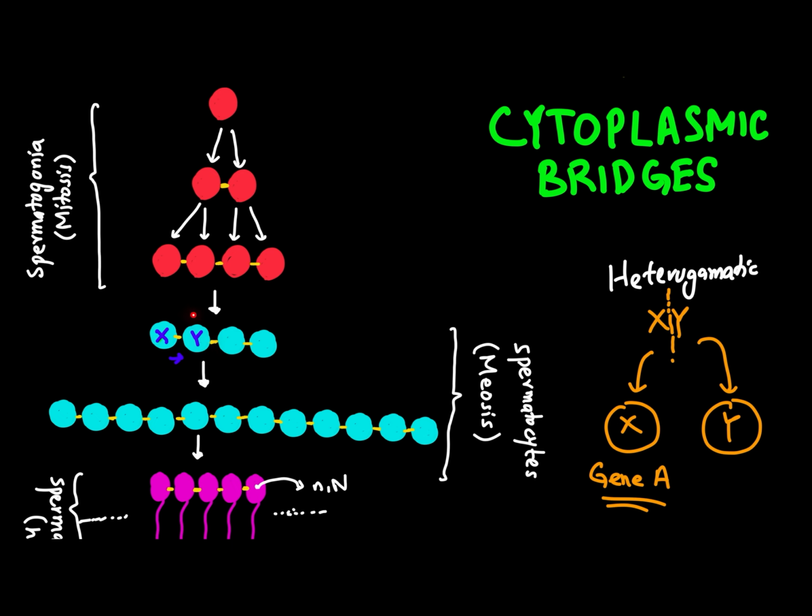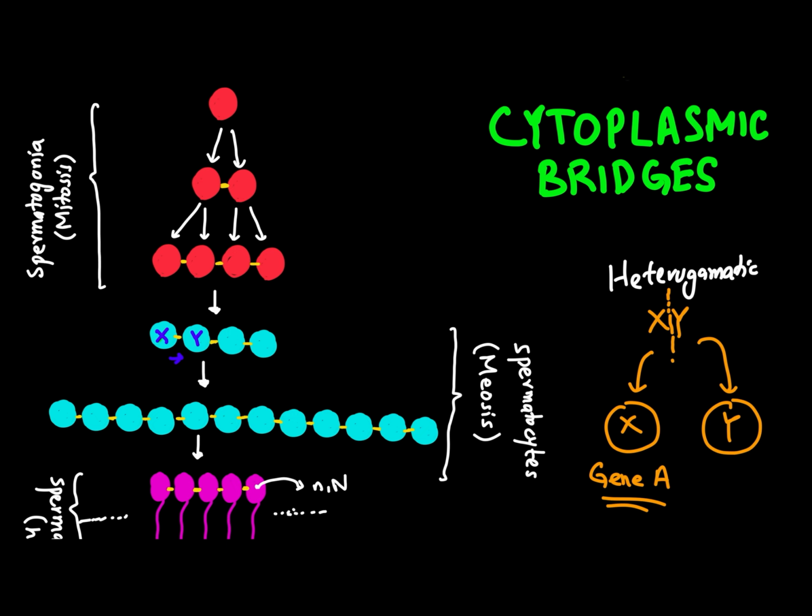The sperm that has the Y chromosome will utilize that protein in order to complete the process of spermatogenesis and become a mature sperm, right? And after differentiating into a mature gamete, these cytoplasmic bridges will end. So that's the key reason.